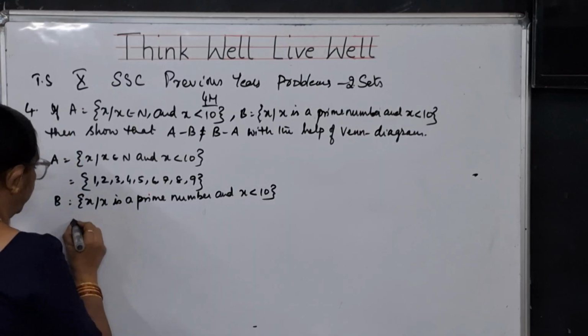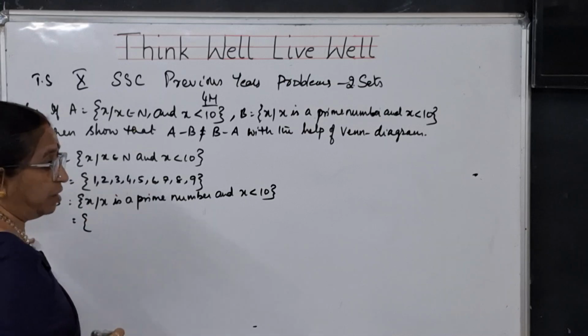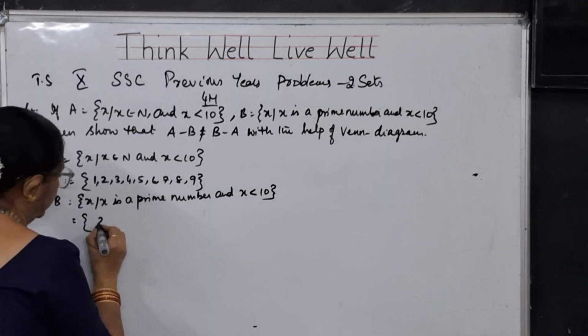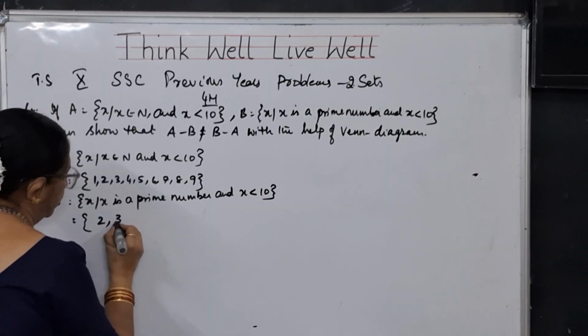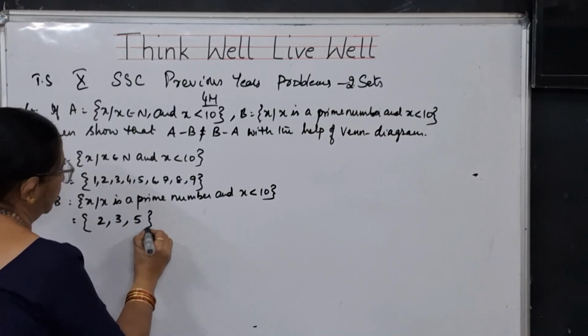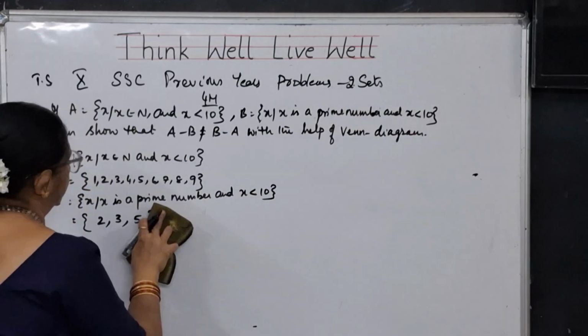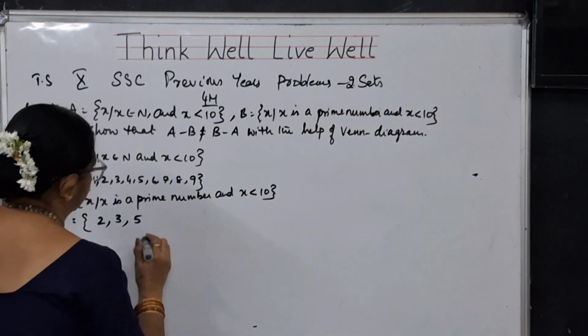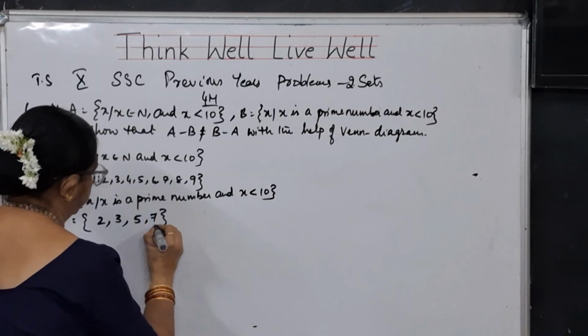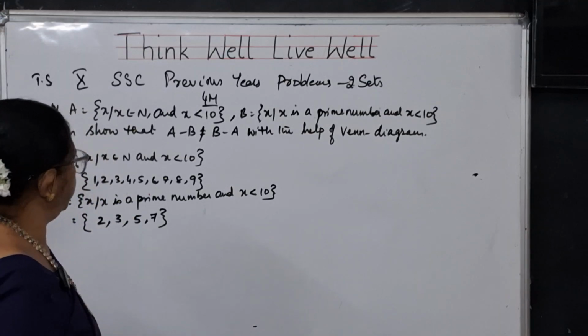But here he is asking for prime numbers. 1 is neither prime nor composite, 2 is a prime number, 3 is a prime number, 5 is a prime number. The remaining ones are not prime. 7 is also a prime number. So 2, 3, 5, 7 are the prime numbers.